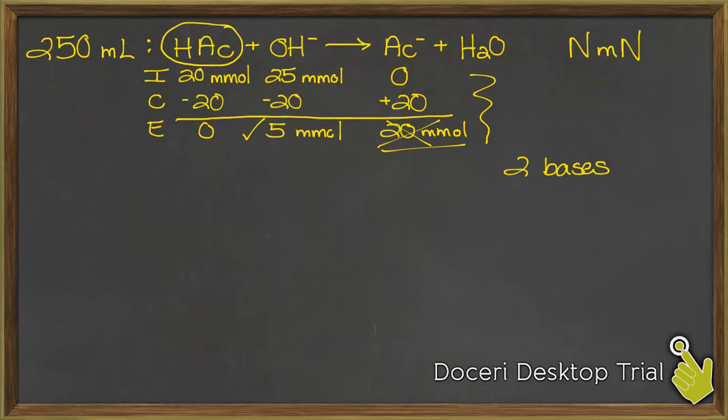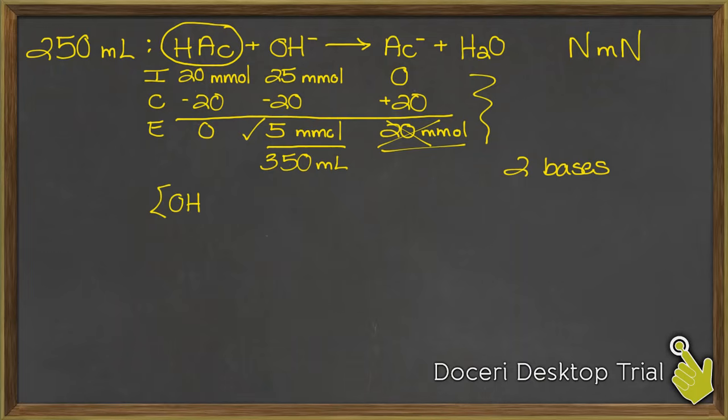So what do we do then? Well, I have a number of moles of OH minus. I'm going to turn that into a molarity by dividing by the total volume. So let's think about what that is. There's 250 milliliters of base, and back from the original problem, there's 100 milliliters of acid. So that's 350 milliliters total.